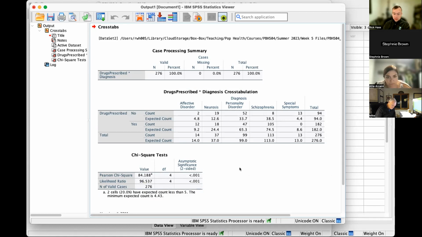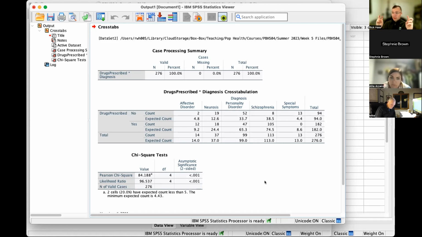That's a great question. It's weird, right? Because t and z were symmetrical, so you're moving into the tails, moving away from the hypothesized mean. Here with chi-square, the larger it gets, it's quantifying discrepancy. So a large chi-square means a large discrepancy between, in general, your data and the model that you're testing.